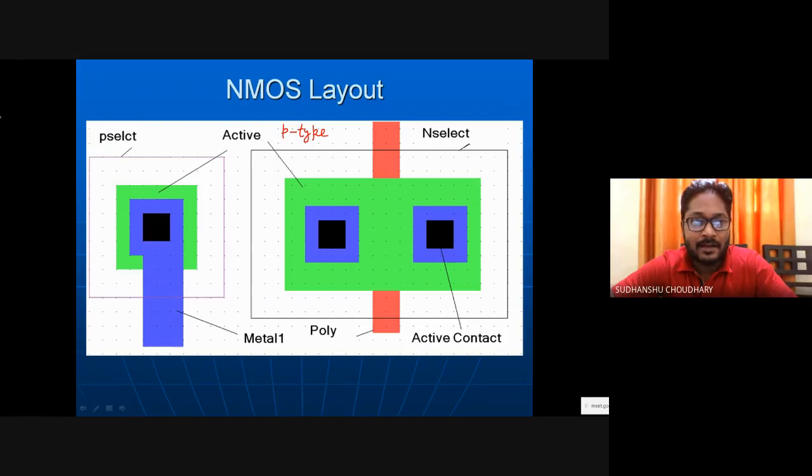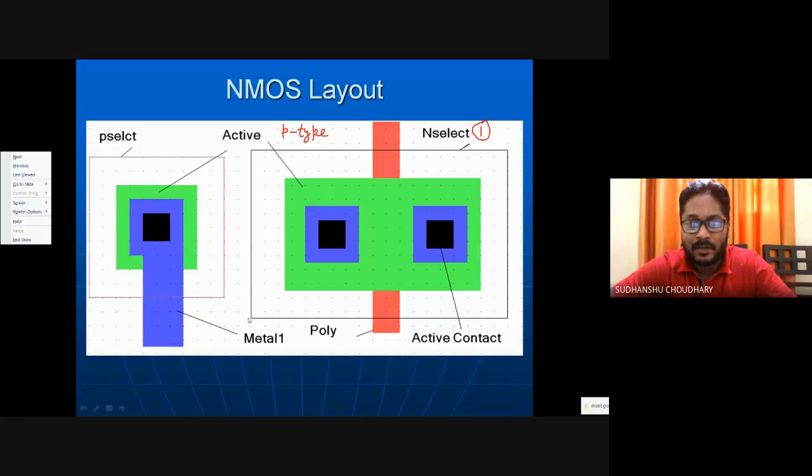So let us say that the background of this layout editor tool is p-type, that is, I have a p-type semiconductor in the background. Now, the first step to produce an NMOS is that you deposit this N select. You draw a region where you will define your NMOS, let us say this entire outer box.